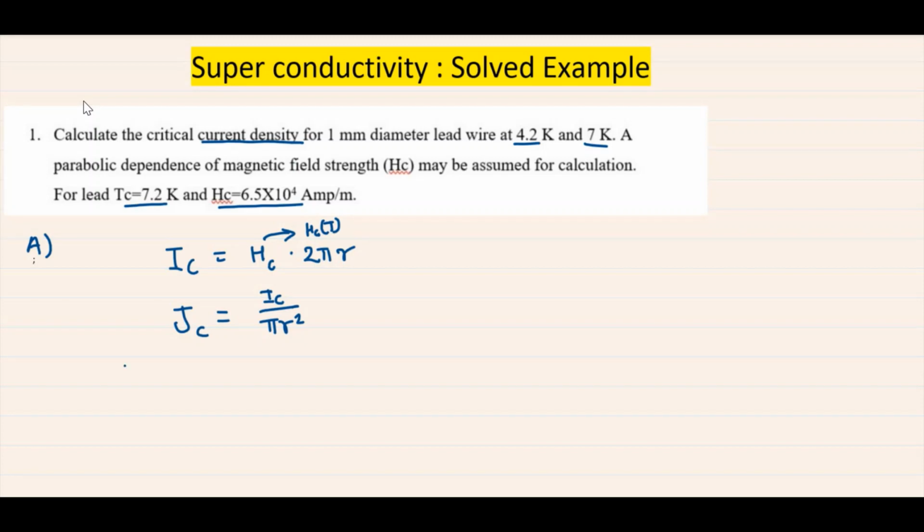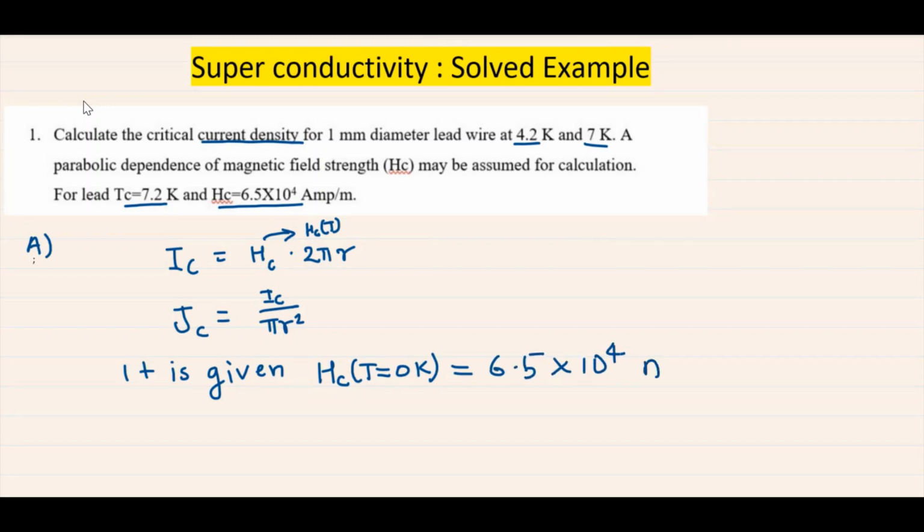Here Hc at T equal to 0 Kelvin is given, which is 6.5 into 10 power 4 ampere per meter. So in order to find Ic, the critical current, first we need to find what is the field at T equal to 4.2 Kelvin.